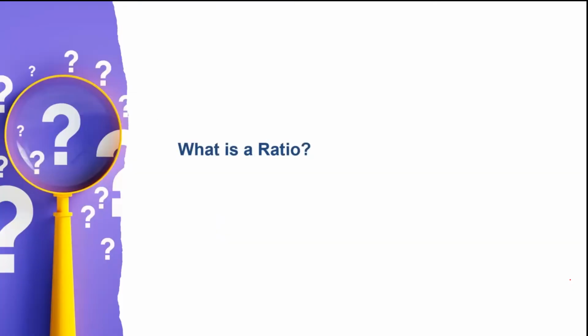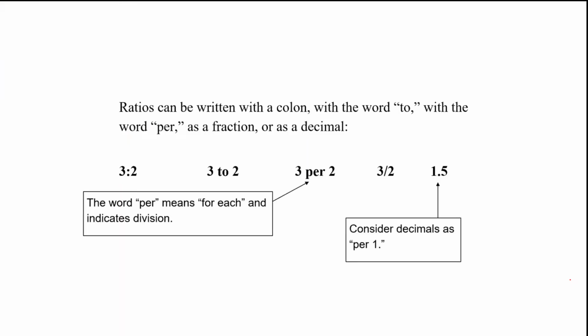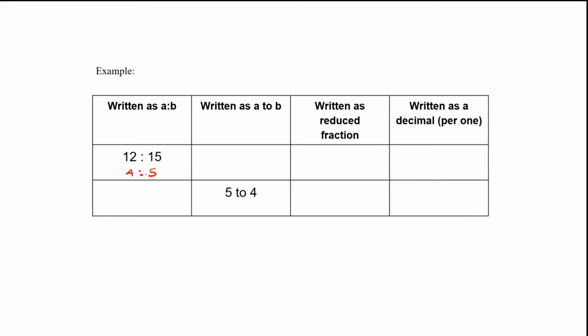A ratio is the relative comparison of two quantities, and there are various ways in which we can express ratios. We can express them using a colon, using "to", as a fraction, or as a decimal per 1. And so we can express ratios in these forms to interpret the same meaning. 12 to 15 is the same as 4/5 when reduced to its lowest term.